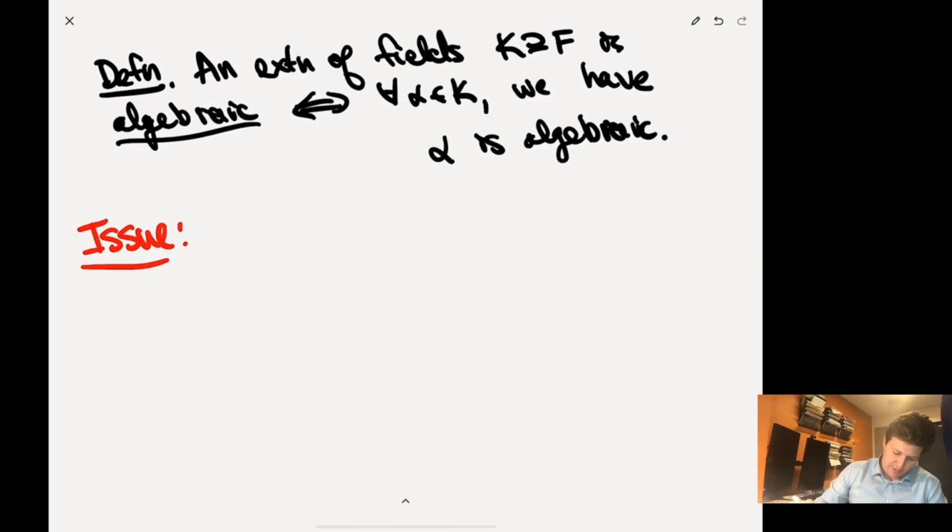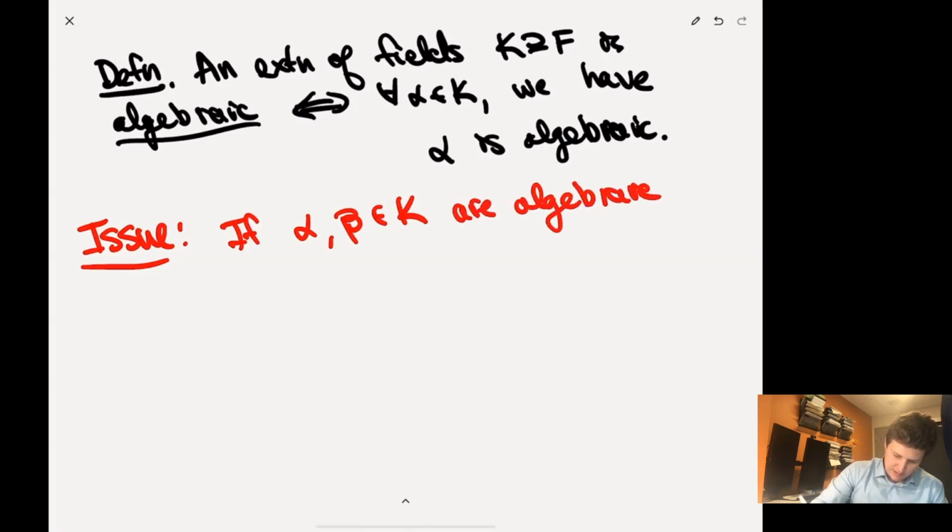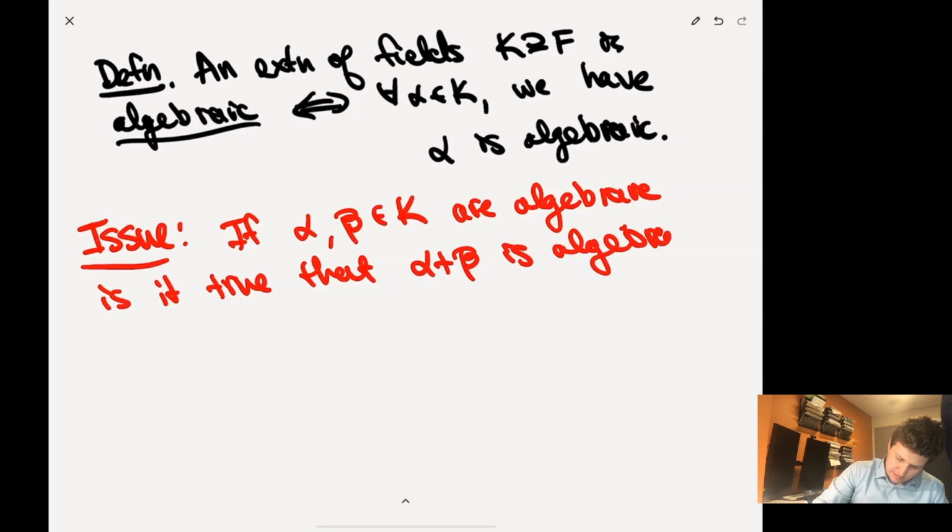So if alpha and beta in K are algebraic, is it necessarily true that alpha plus beta is algebraic? The same question for multiplication.